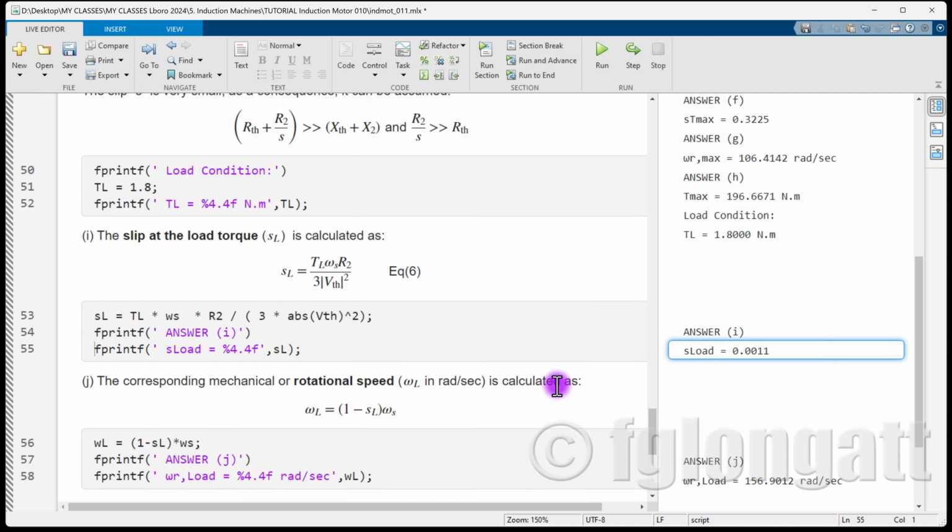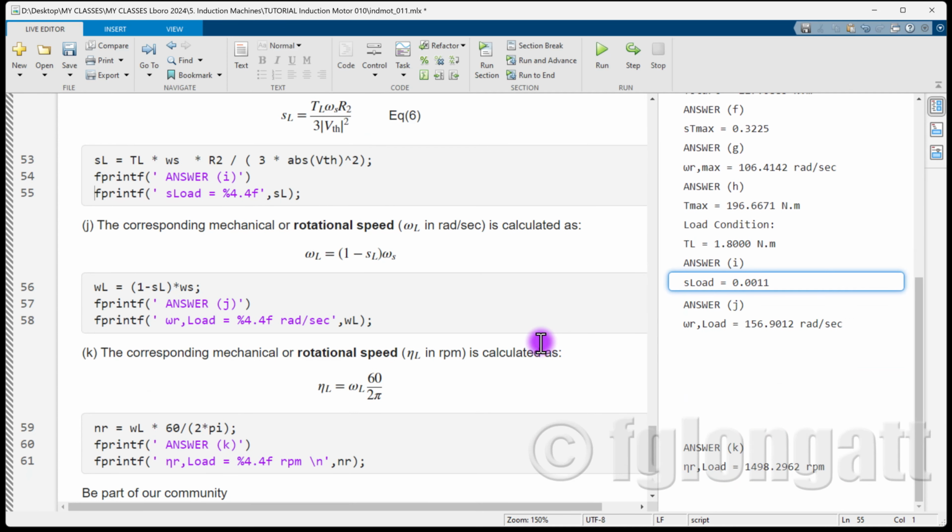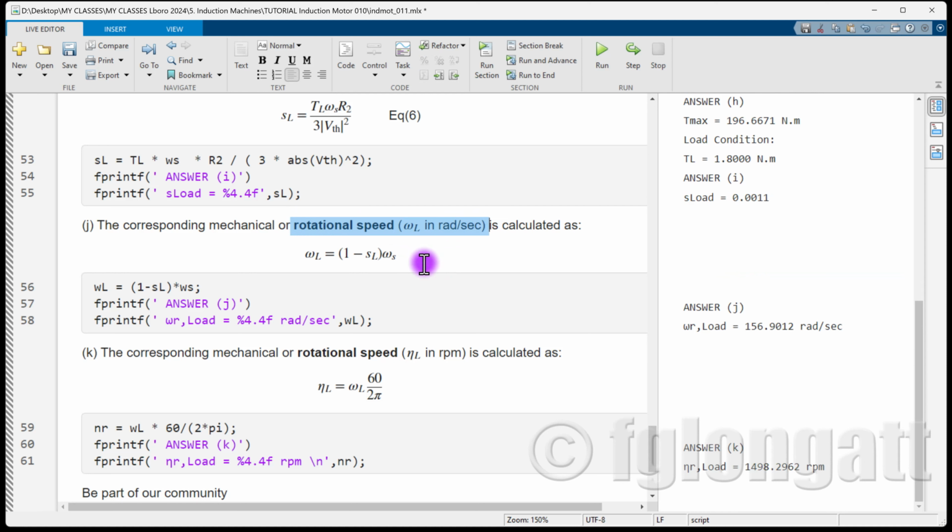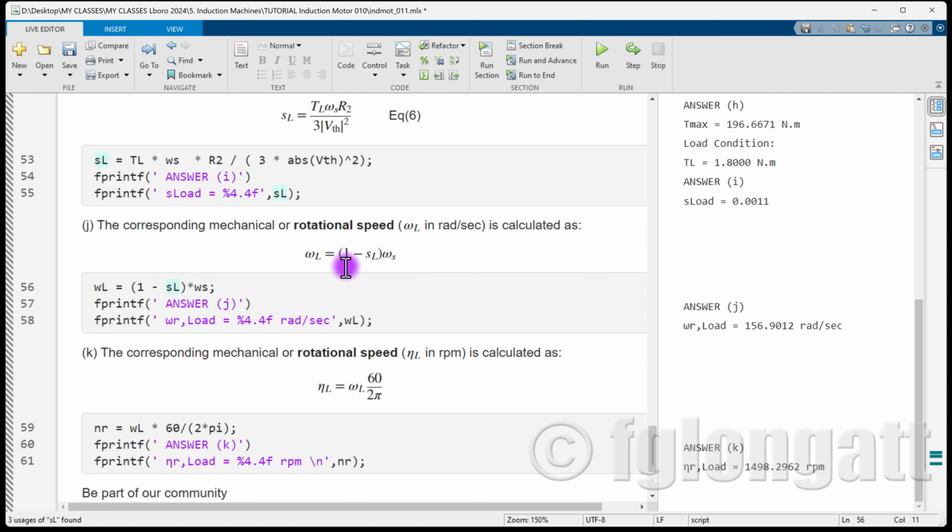0.0011. So now what we can do is to calculate the rotational speed in radians per second using the equation that we already defined, and that equation relates the synchronous speed with the slip. And you can see that the rotational speed is almost near to the synchronous speed, is 156.9 radians per second.